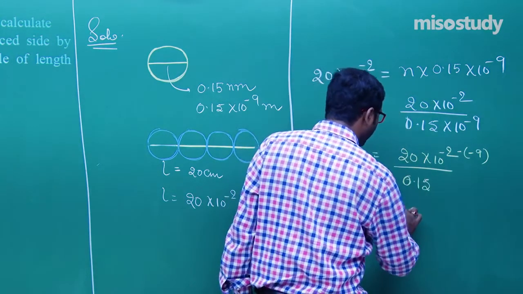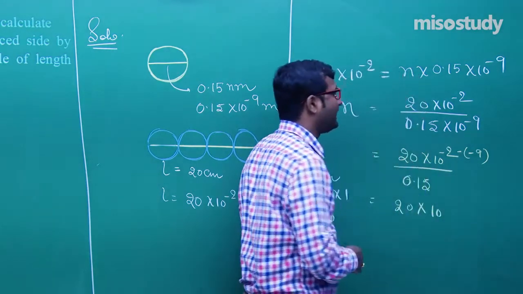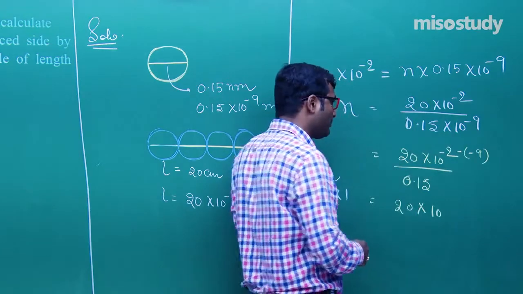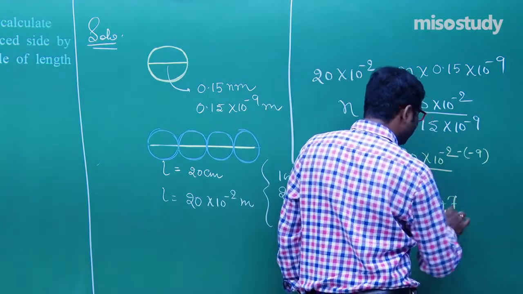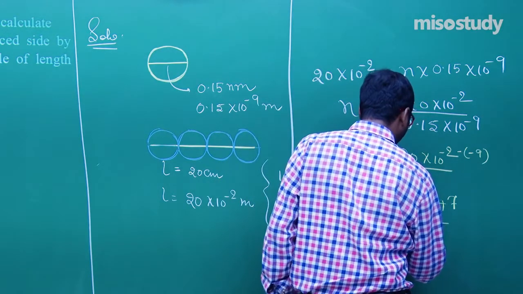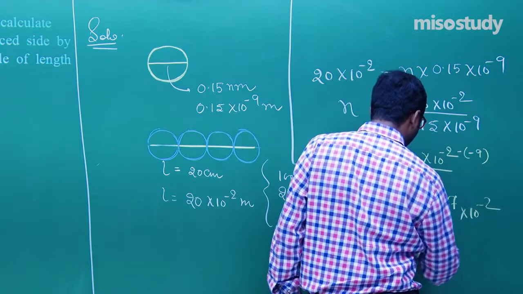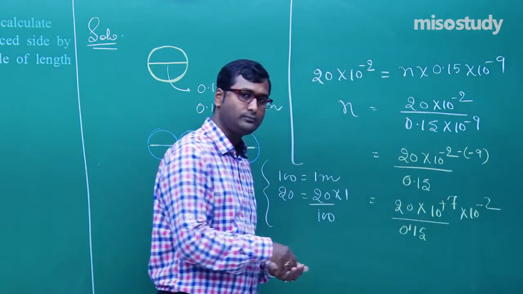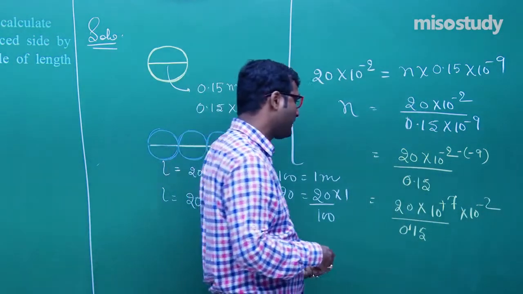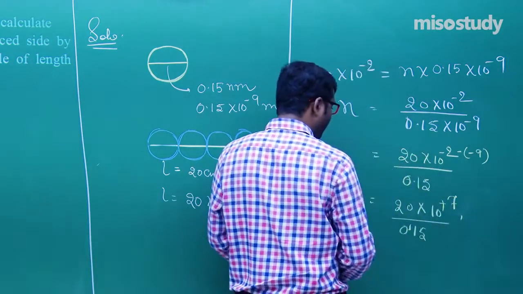Now solve 20 into 10 to the power minus 2 plus 9. Am I right? Minus 2 plus 9 is equal to plus 7, divided by 0.15. Am I right? Yes sir.